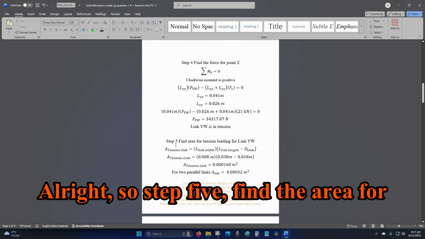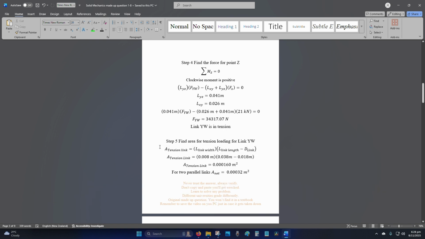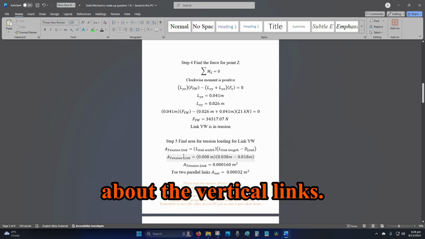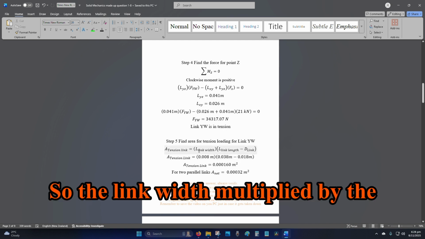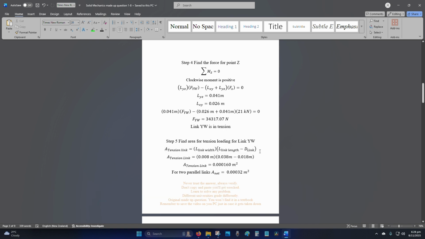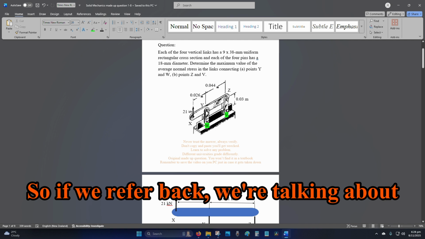Alright, so step 5. Find the area for the tension loading for the link YW. Now they are talking about the vertical links. So the link width multiplied by the link length minus the diameter. If we refer back, we're talking about this link right here.